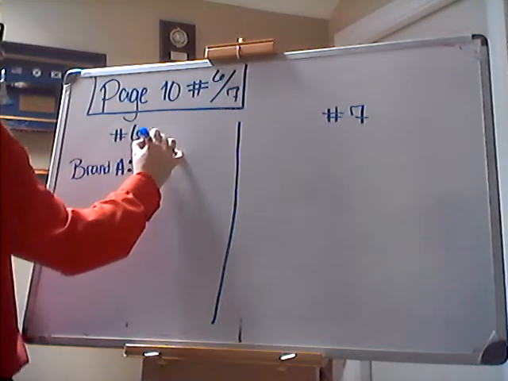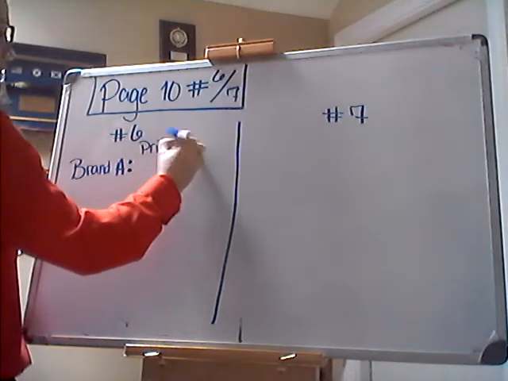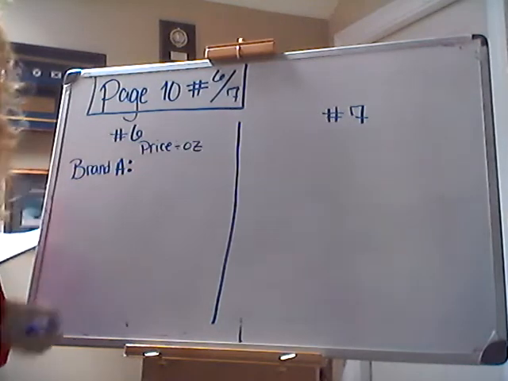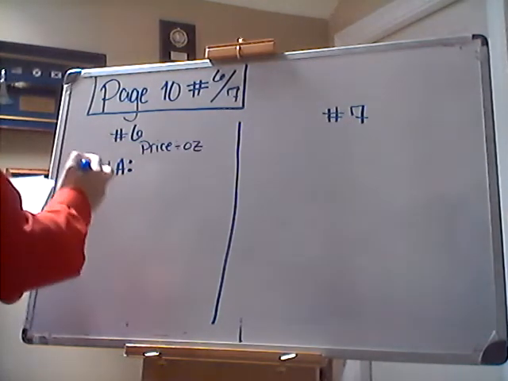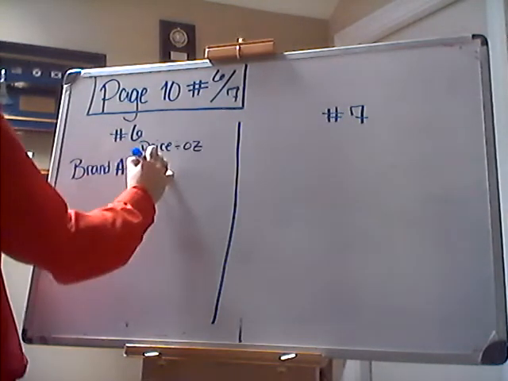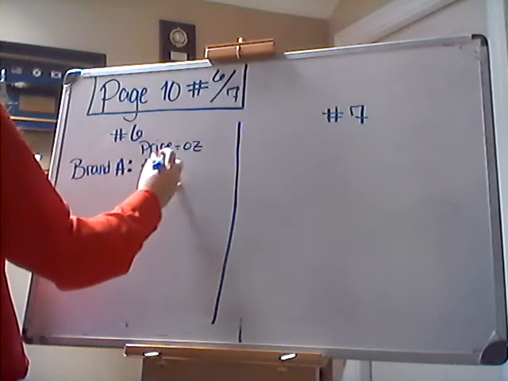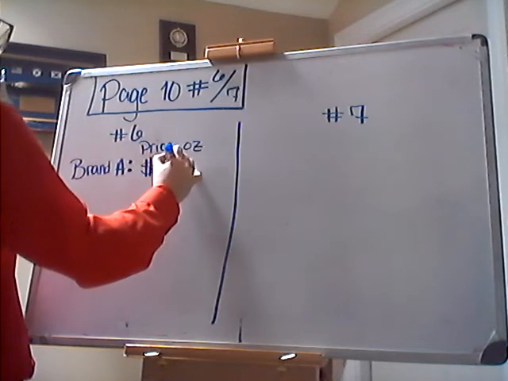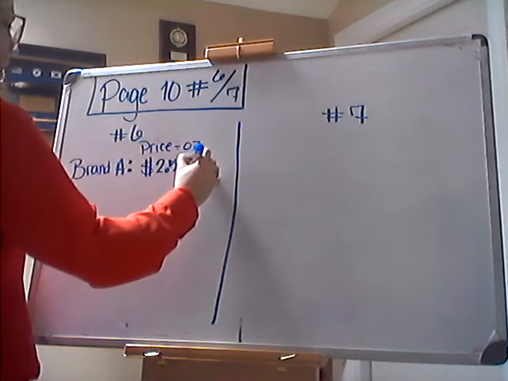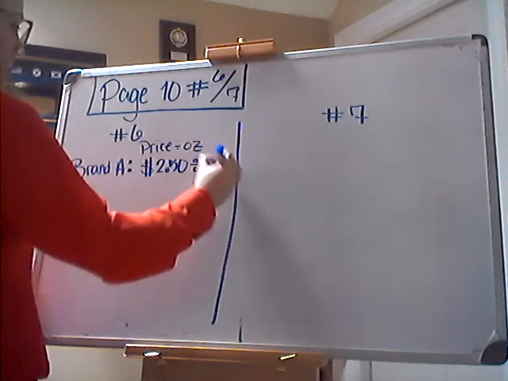I'm going to write that up here. Price divided by ounces to find price per ounce. So brand A, the price is $2.50. We're going to divide that by 18 ounces.